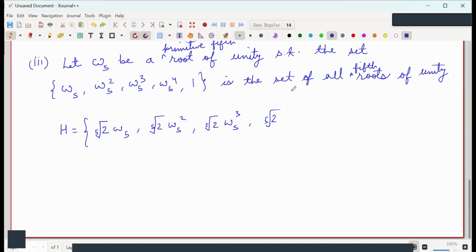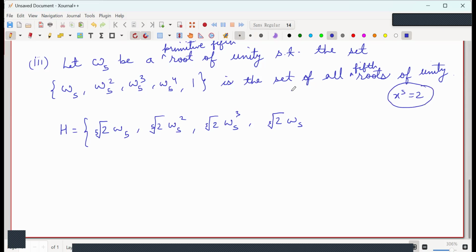And why are these the only ones? Because we are in complex numbers, any equation will have as many solutions as the degree of that equation, and we are actually solving the equation x raised to 5 equal to 2. We are trying to find the solutions of this equation, right?